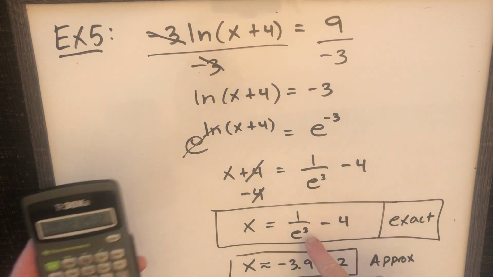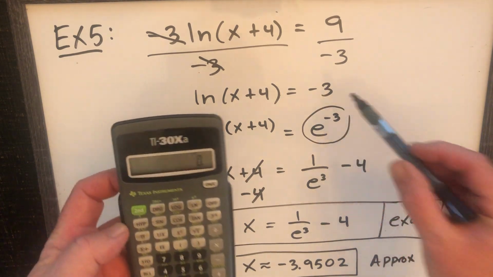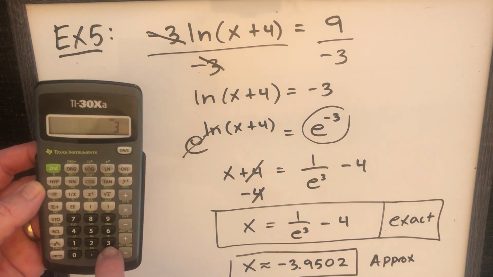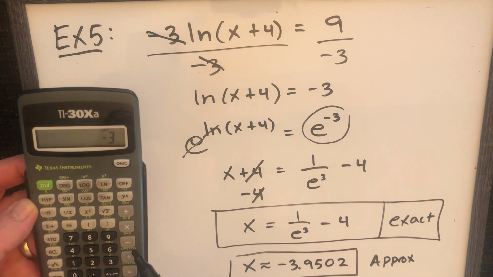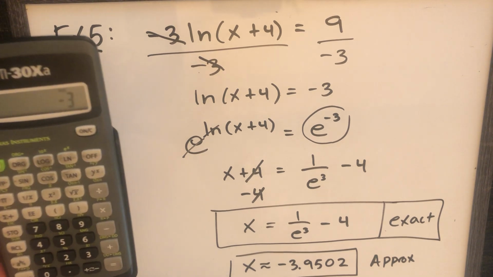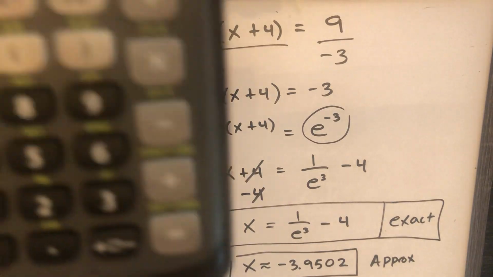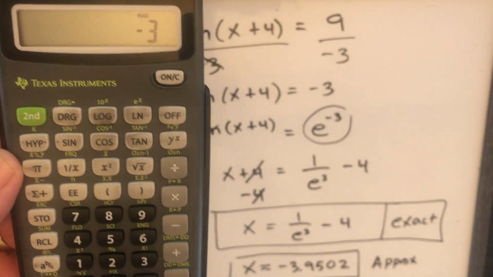One comment on how I did the exponential. I found it actually easier to do e to the negative 3 on my calculator. So I just did negative 3. Now be careful with negatives. It's not the minus sign on your calculator. That's subtraction. You have to use this one down here, this little plus or minus button. That turns it into a negative 3.